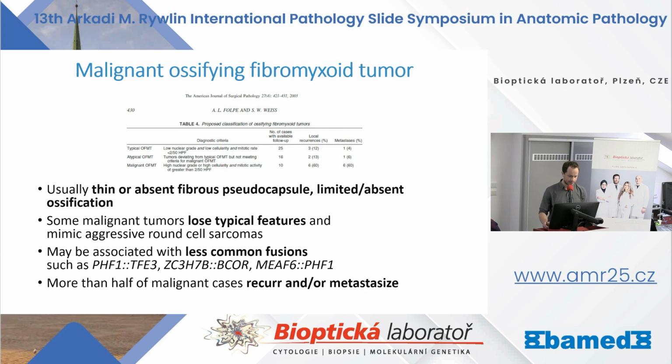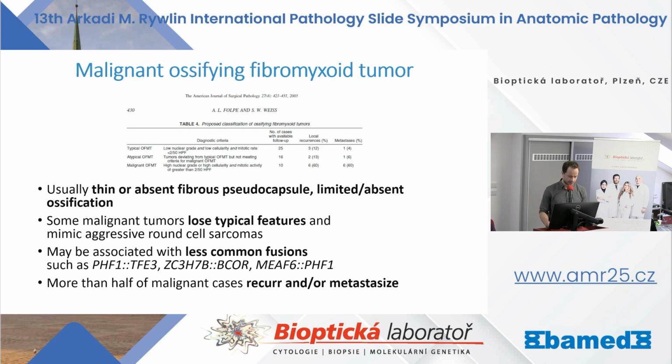So the malignant OFMTs usually have a thin or very often completely absent fibrous pseudocapsule. Our case was a good boy. It kept all the features, but very often in the malignant OFMTs you don't see the ossification and the fibrous pseudocapsule, and very often the malignant examples don't have S100 and desmin expression, and may show other unusual morphological features such as just round cell, solid proliferation.